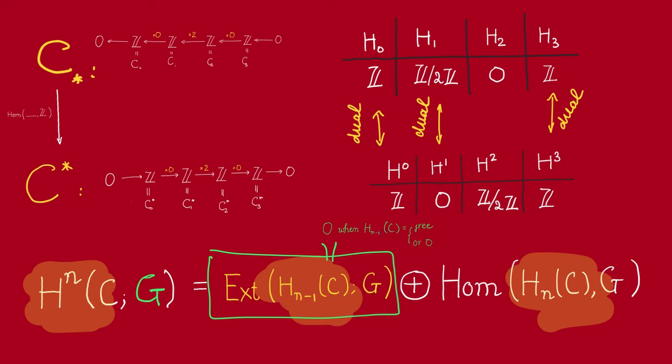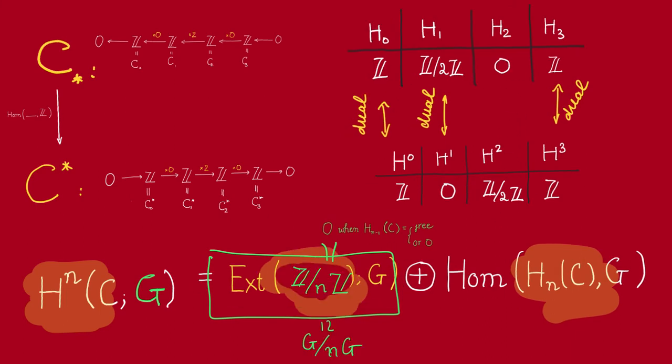And when this vanishes, the homology group and the cohomology group are going to be dual. So for example, because H0 is free, for n equals 1, this term vanishes. So in this case, the first homology group and the first cohomology group are going to be dual. Now for n equals 2, observe that H1 is torsion. That is why in degree 2, these are not dual.